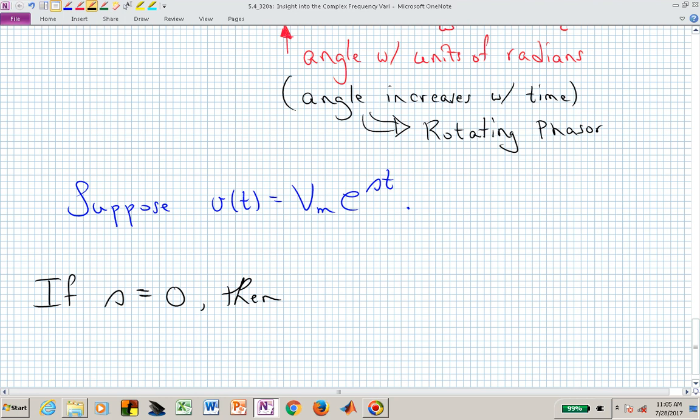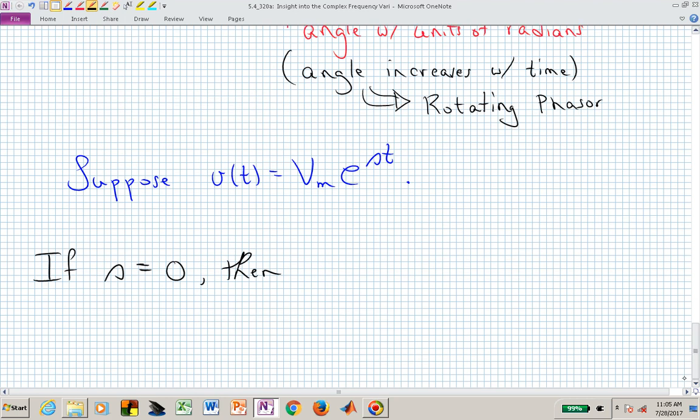We can say, suppose we have a function of time, v of t is equal to a magnitude, capital V sub m, e to the st. What does that tell us? Well, let's just look at some specific values or structures for s. Suppose that we wanted to look at what happens when s is equal to 0.